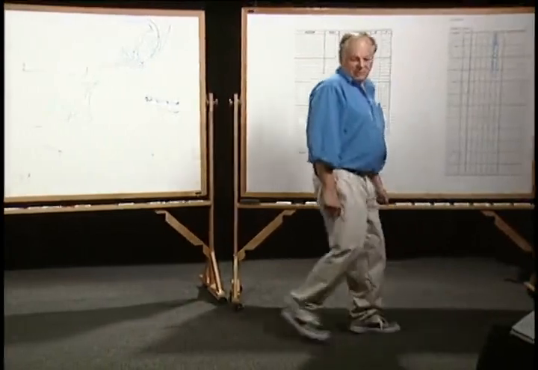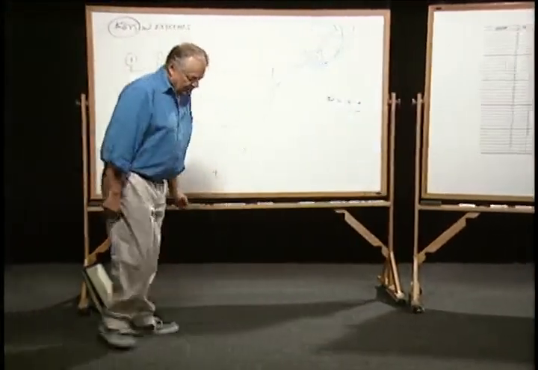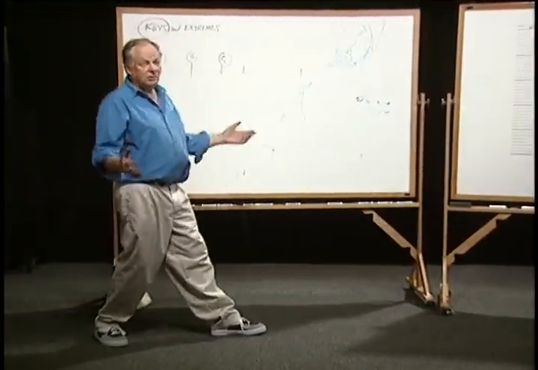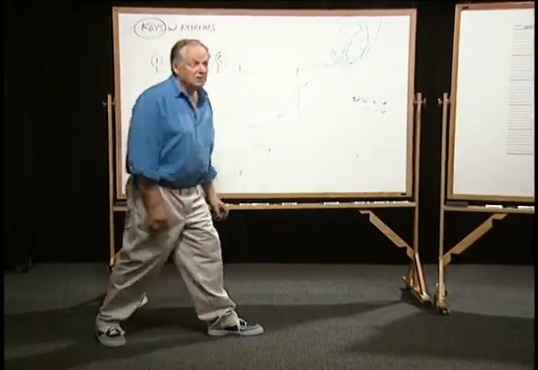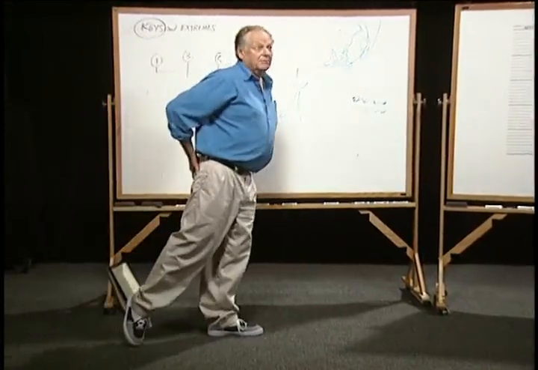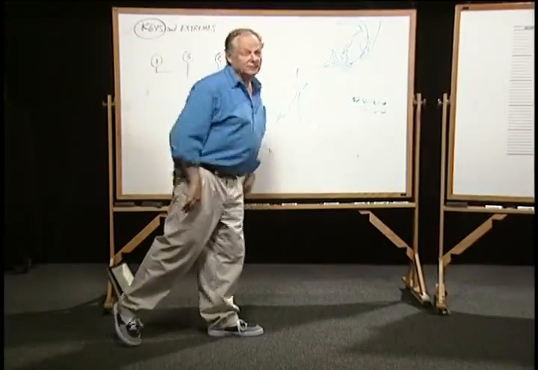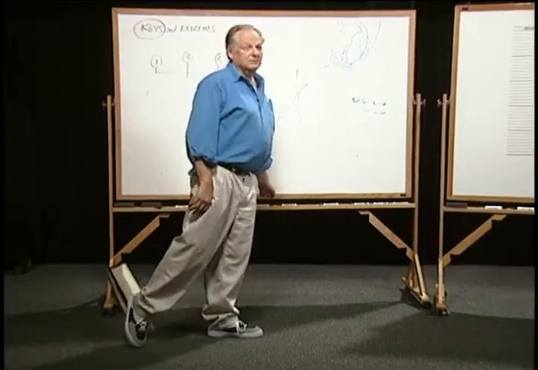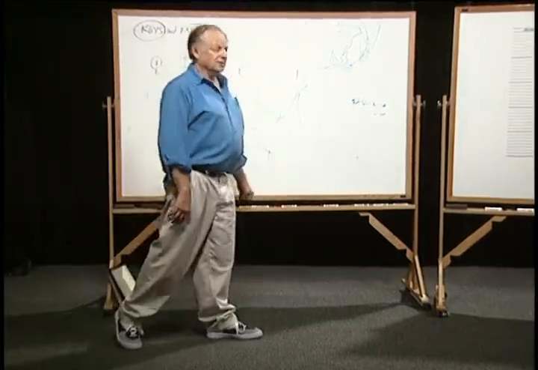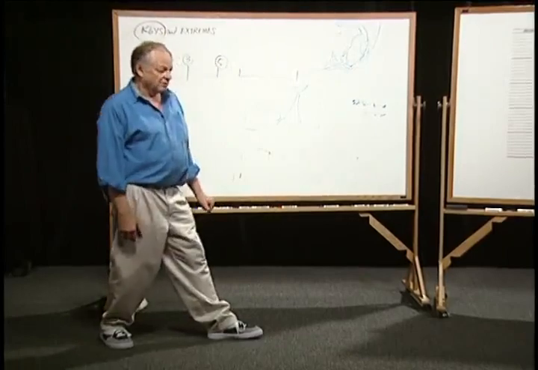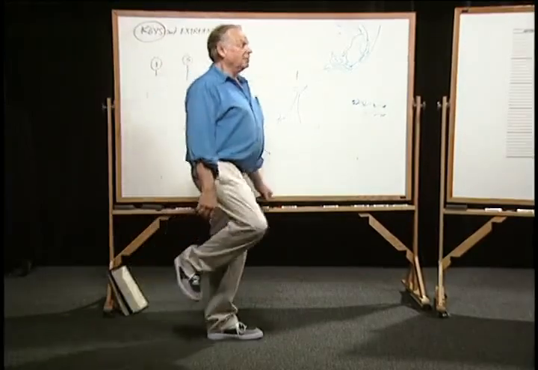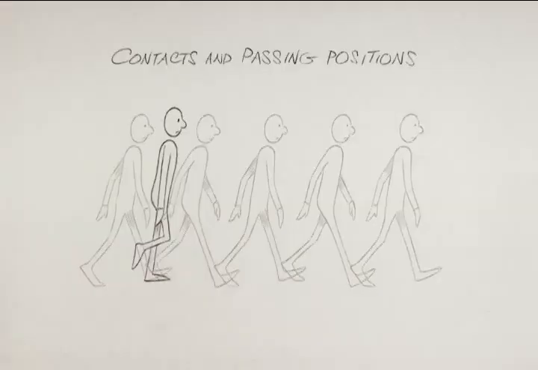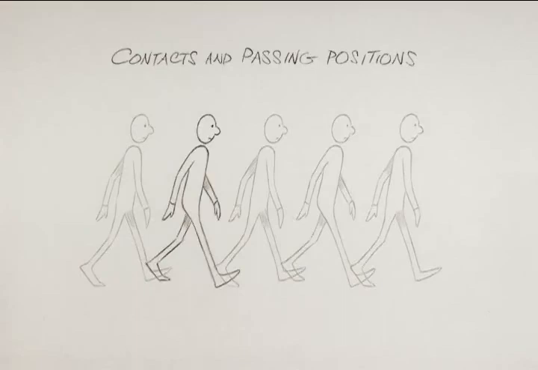They're all extremes. And the position in the middle on a normal walk of a person, the hips go up and the head goes up on the passing position. Normally. So, drawing one, up, there's your passing position, smack in the middle, 2, passing position, 3, passing position, 4, passing position, 5.